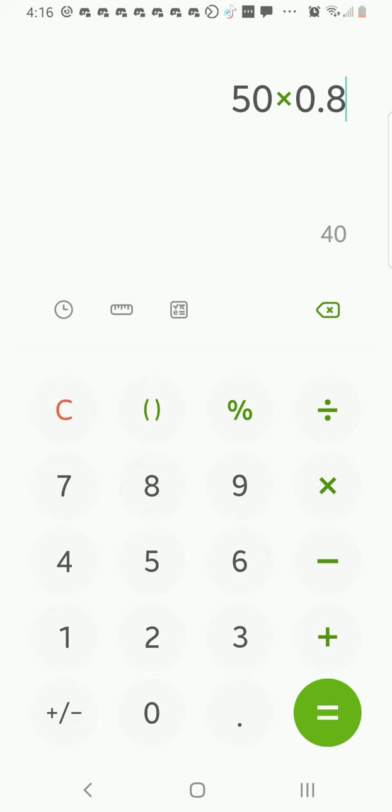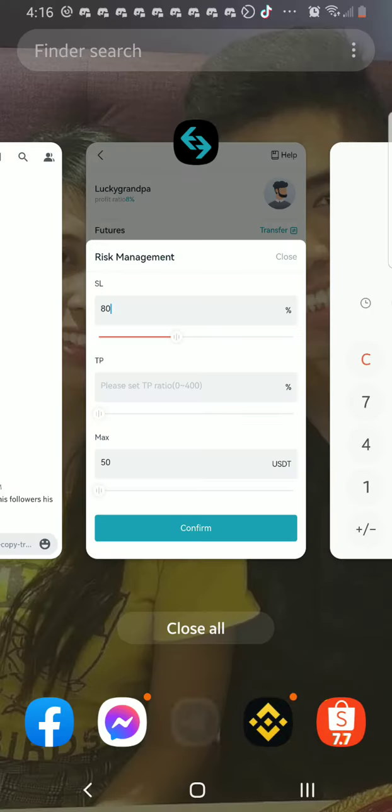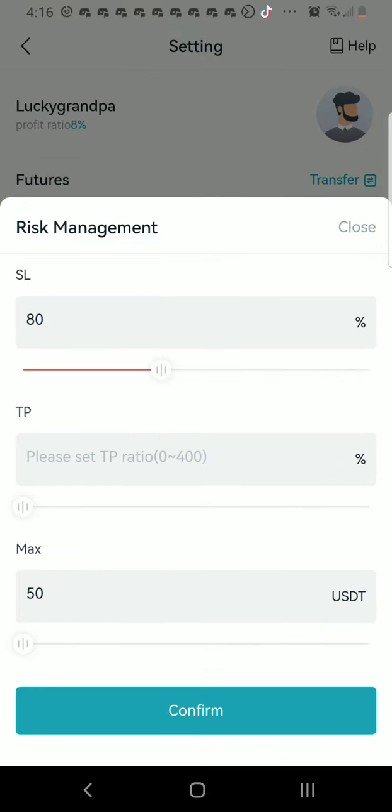That would mean they will take $40. So if this is 80%, there will be times that even though you have a $10 trade, you are going to lose $40, if he does what he did when he had 1,000%. So that's the risk.